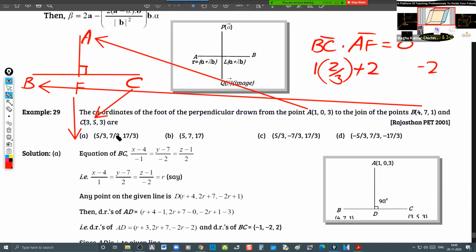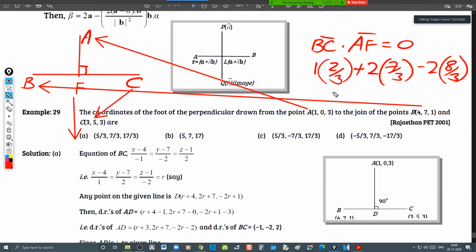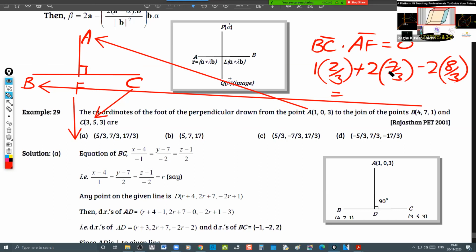Plus 2, and 7 by 3 minus 0, 7 by 3. And it is 17 by 3 minus 3, 17 minus 9, 8 by 3. Check it out, please, whether it is becoming 0 or not. 2 plus 14, 16 minus 16, 0.